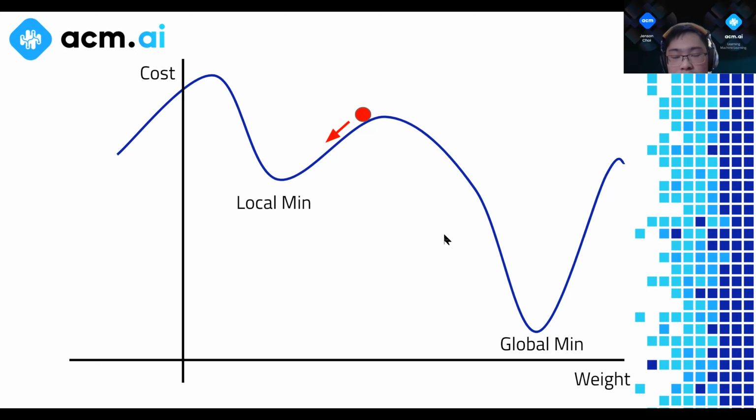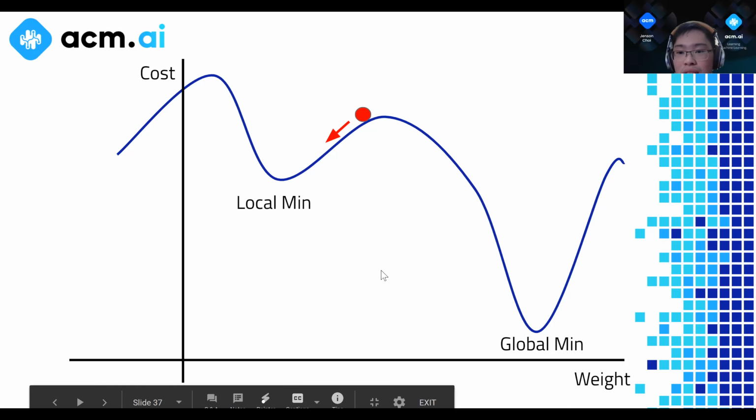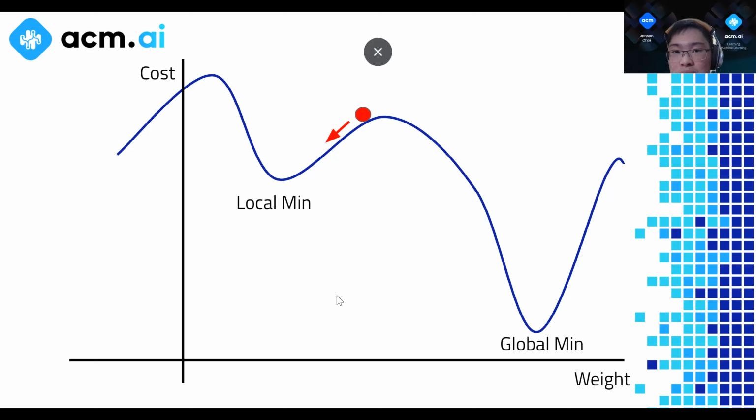So doing so might allow us to find other minimums that are lower than the minimum we'd usually end up in. That's a good thing. All right, any questions regarding the motivation behind mini batch gradient descent?